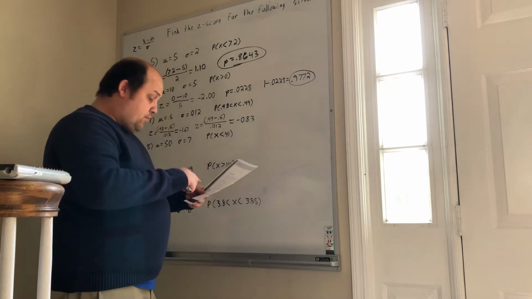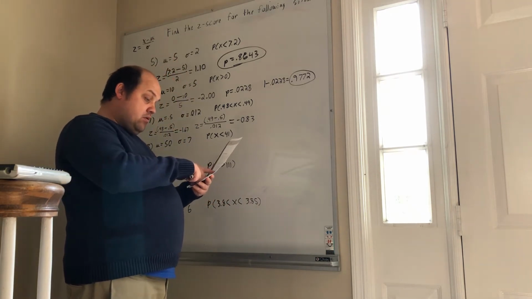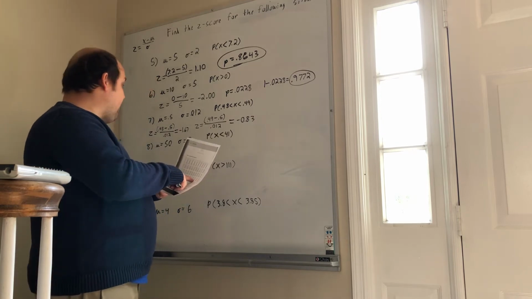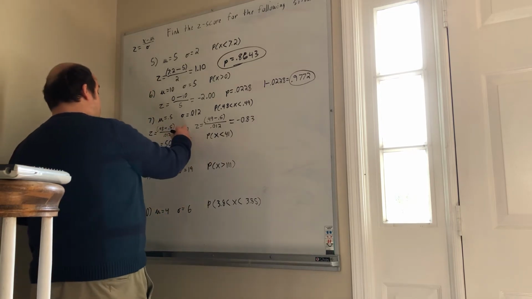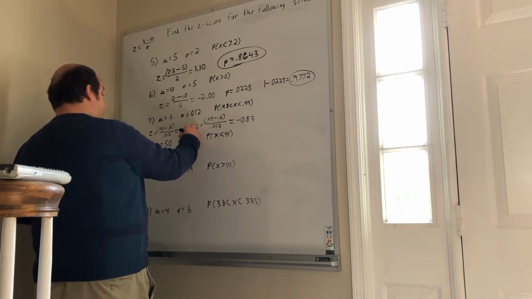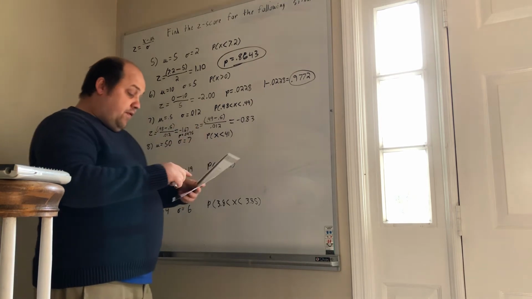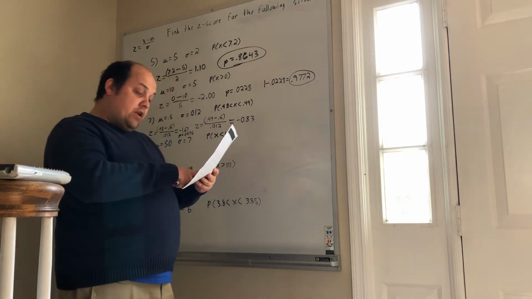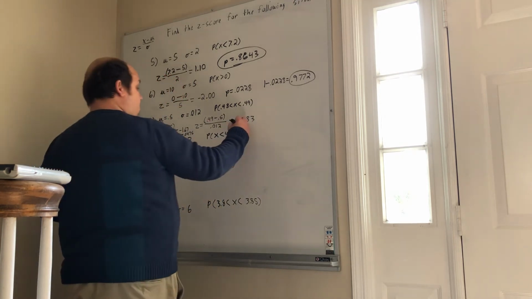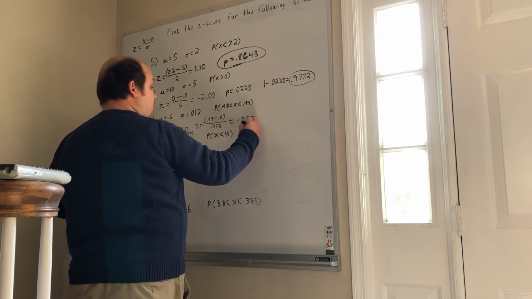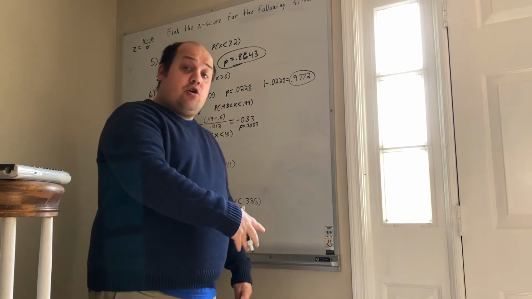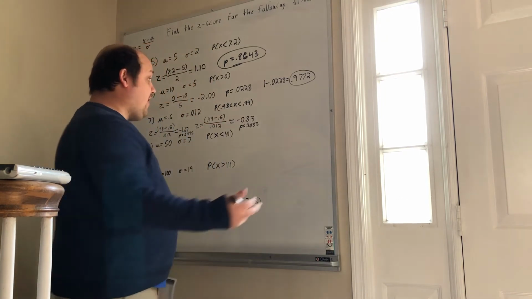For -1.67, I get a p-value of 0.0475. P equals 0.0475. When I do it for -0.83, I get a p-value of 0.2033. P equals 0.2033. For a between question, I take the larger p-value minus the smaller p-value.